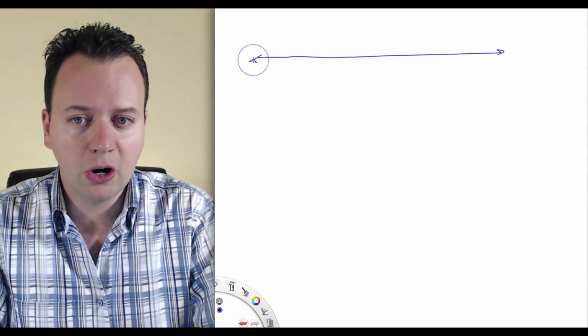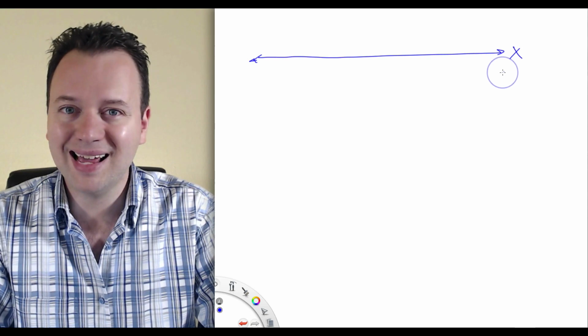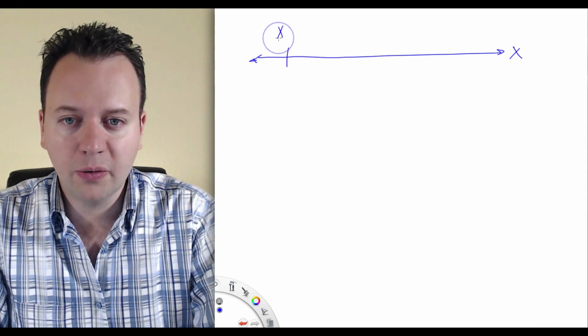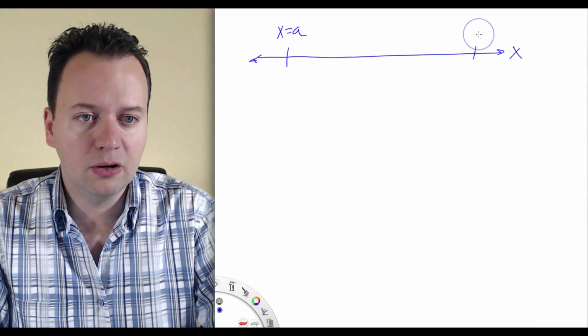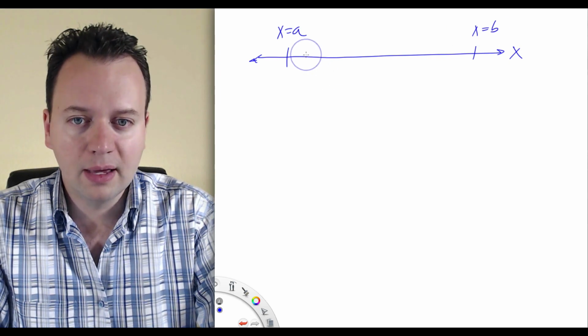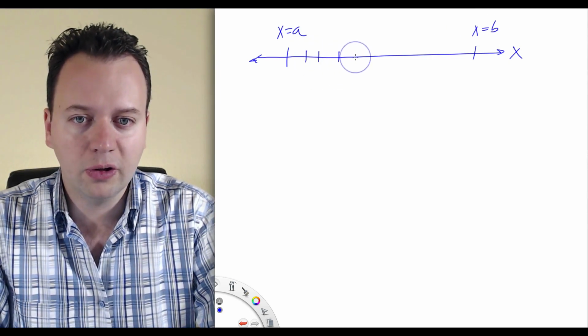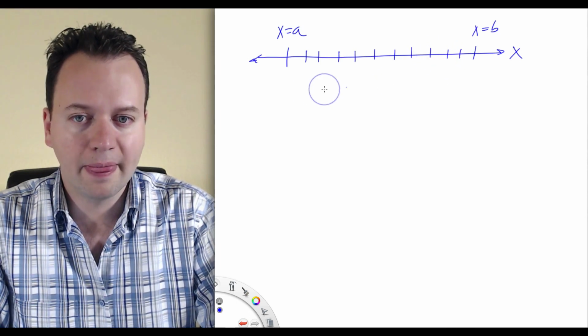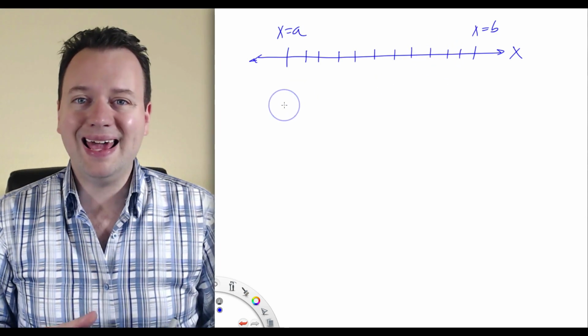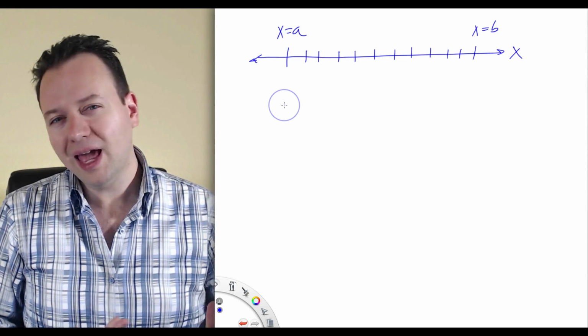So let's just start by looking at the x-axis all by itself. So here we have x is equal to a, and over here we have x is equal to b. And we're going to place a number of little notches that basically define where the subintervals are. And so we need a nomenclature, a way of labeling these notches.